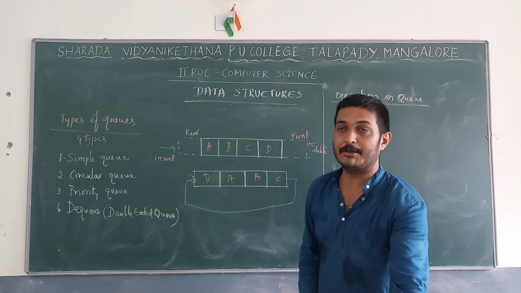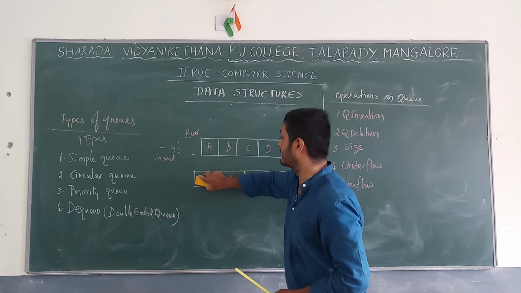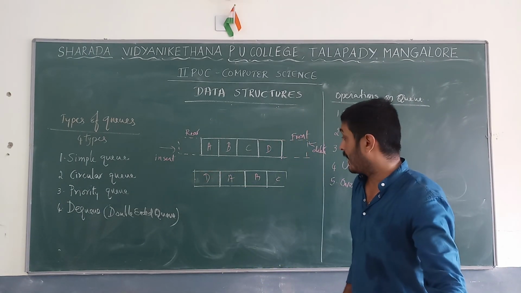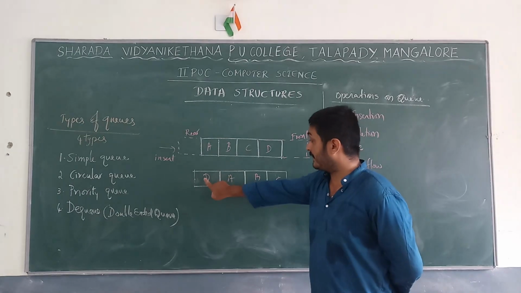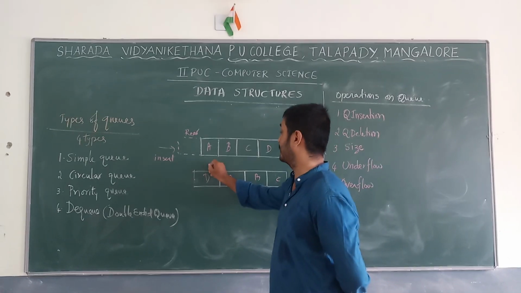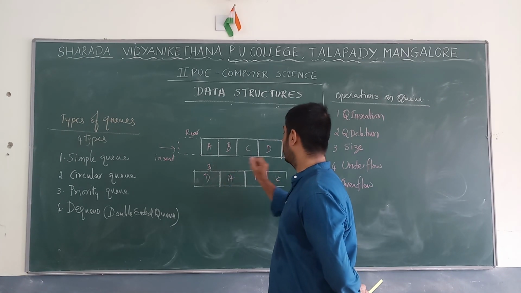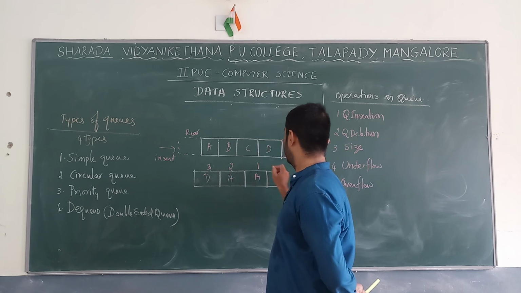Next one is priority queue. Under a priority queue, you can take the same diagram, and each and every element or node has some preset priority level. For example, here it is 3, 1, 2, 4.